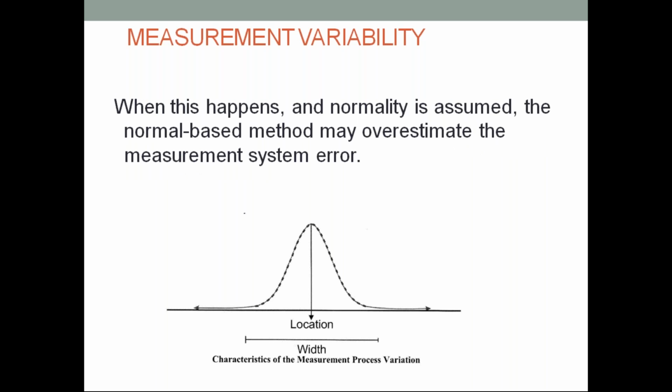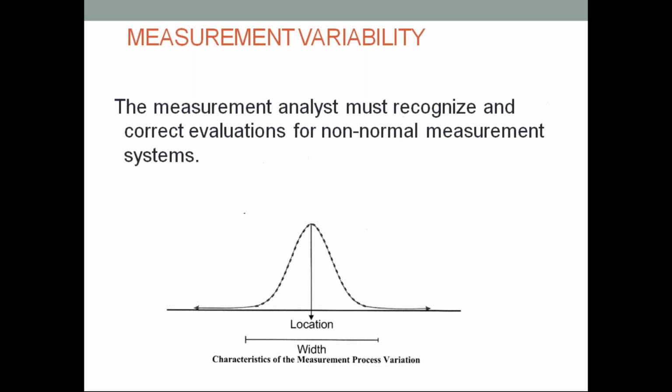When this happens and you assume normality, the normal-based method may overestimate the measurement system error. A measurement analyst must recognize the correct evaluations for non-normal measurement systems. We're not going to get into that today, but I'm just throwing that out there as one of the caveats: rubber stamping Gage R&R is not always the correct way to handle the situation.